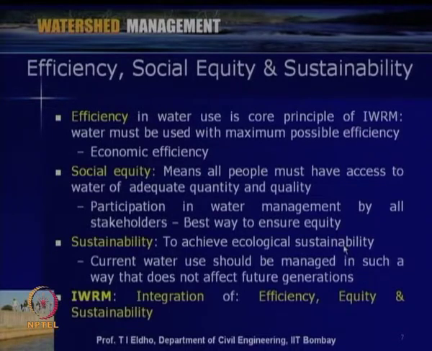For example, if we are overdrawing water from an aquifer system, and we are not recharging sufficient water to the aquifer system, the pumping wells will get dry. So, there will be problems. Like that, when we deal with any system within the perspective of integrated water resource management, we have to see that the sustainability of the system is maintained.